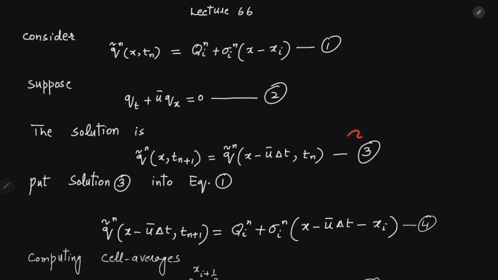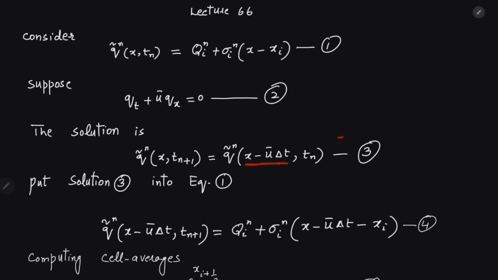So that's what we write over here in equation form. Here, the q tilde shows that we are working with Godunov's method, and n is the nth step, and the solution at t^{n+1} will be equal to the previous solution at t^n evaluated at x minus u bar delta t.